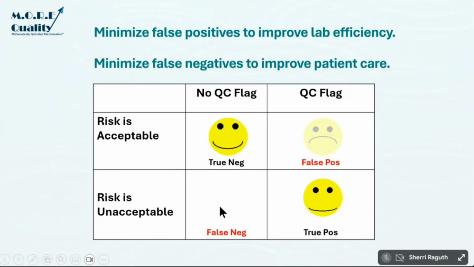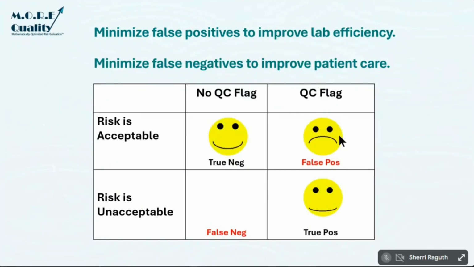What you really want to worry about are the false positives. You get a QC flag and there's nothing wrong. You go through, you investigate, you waste time, and really the risk is acceptable. There's nothing wrong with the method. It's just how you've defined your QC system that is causing you these QC flags. We've seen labs with over 9% QC flags.